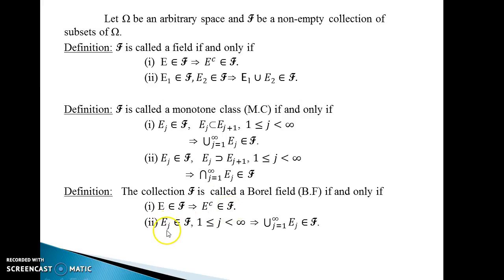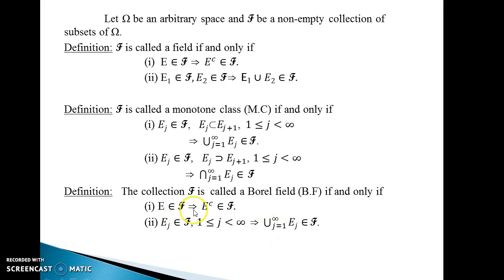The second condition is Ej belongs to F, 1 less than or equal to j less than infinity, implies the union over j equal to 1 to infinity of Ej belongs to F. That means if we consider a countable collection of sets, then their union must be in F. So F is closed under countable union.